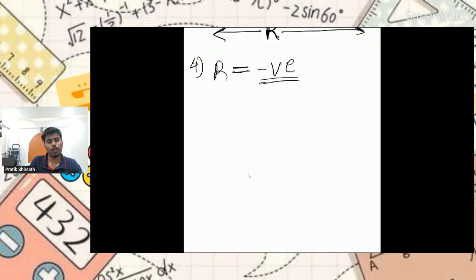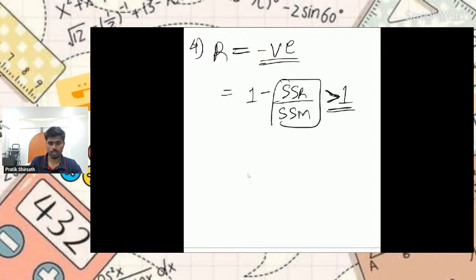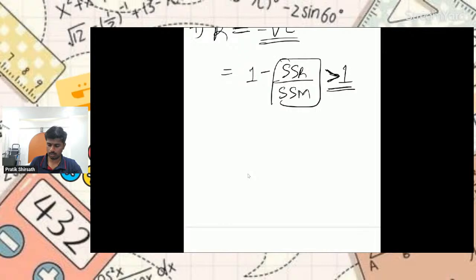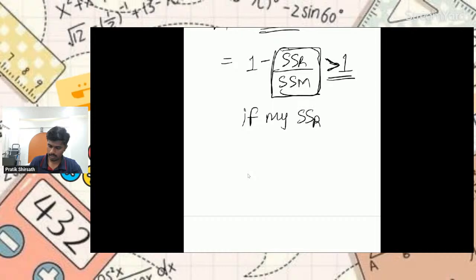Now when can the value be negative? If the formula is 1 minus SSR upon SSM, this value should be greater than 1. Logical. And how can this value be greater than 1? If my SSR is greater than SSM.